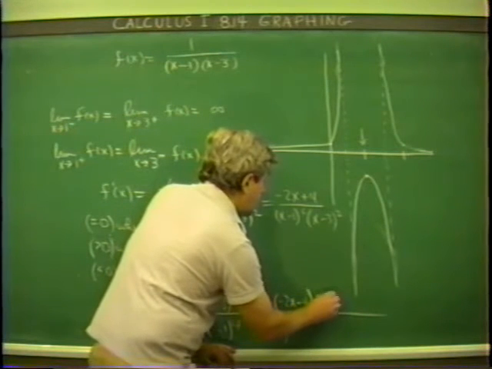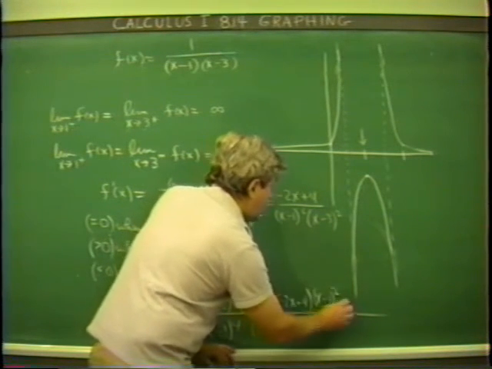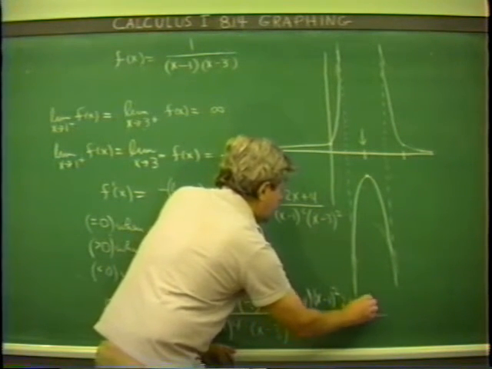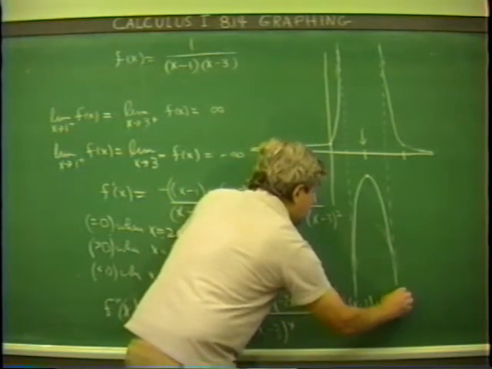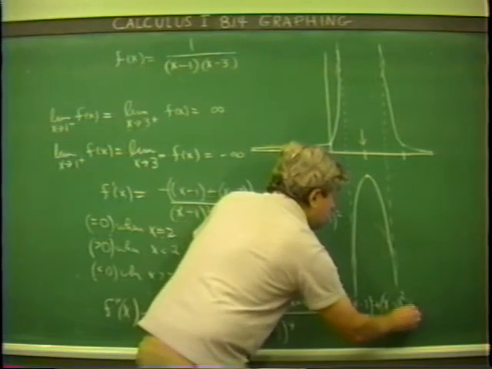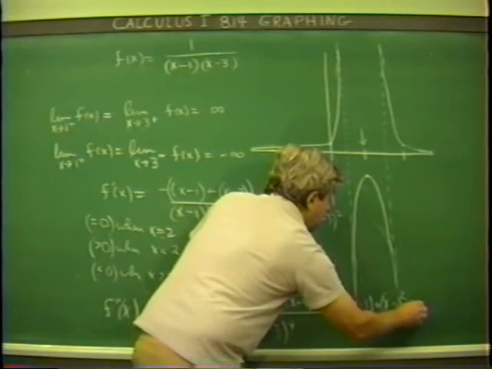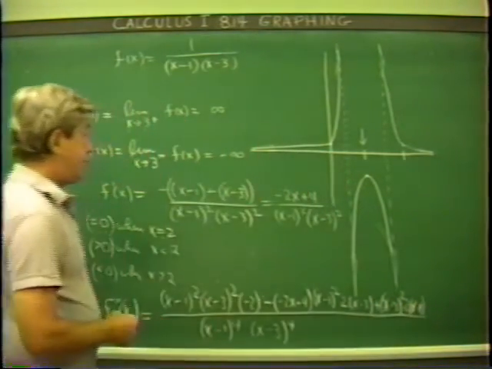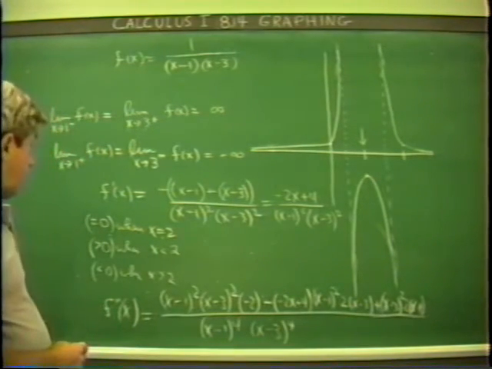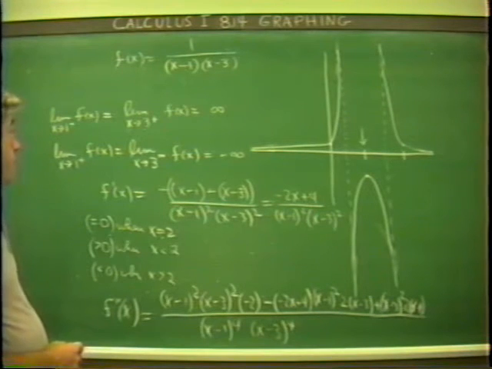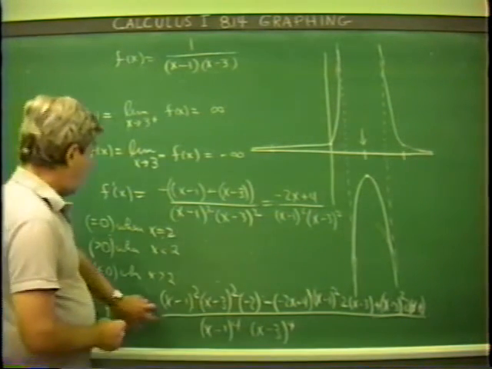So this is x minus 1 to the 4th times x minus 3 to the 4th. And now we need the derivative of the denominator here. And so that's the first, x minus 1 squared times the derivative of the second, 2 times x minus 3, plus the second, x minus 3 squared times the derivative of the first, 2 times x minus 1. Okay, so this is the second derivative.